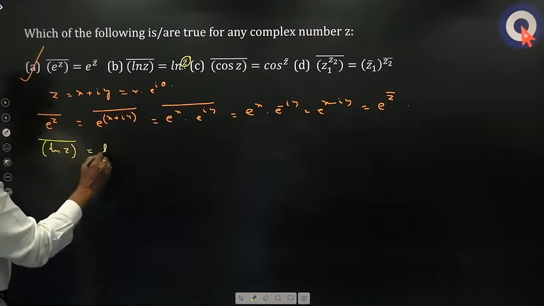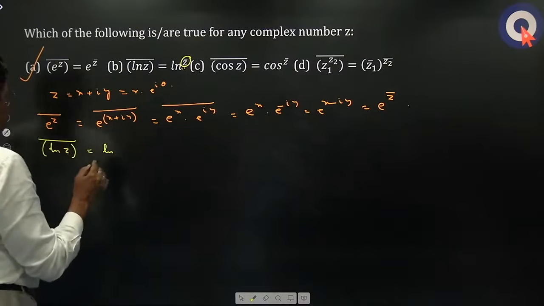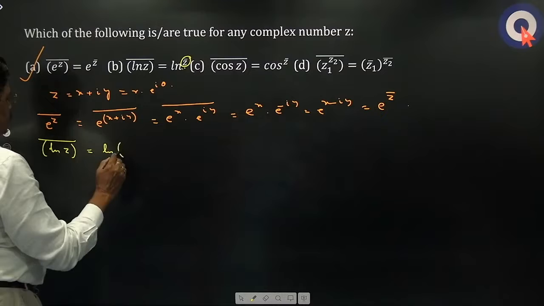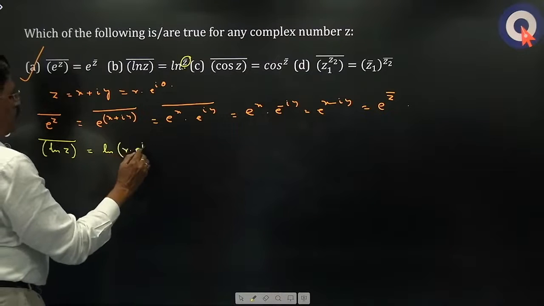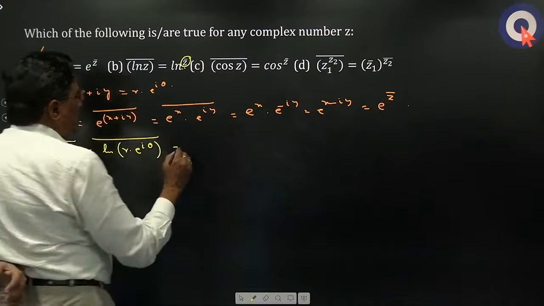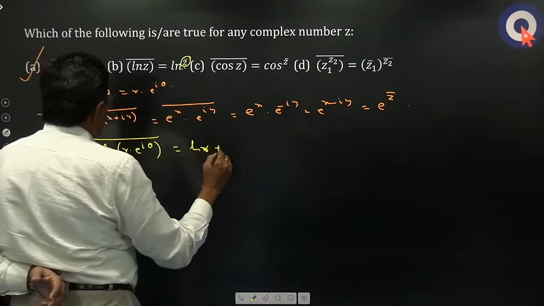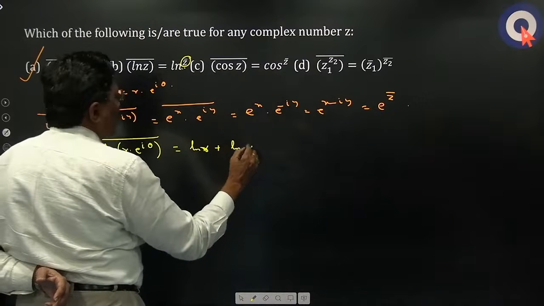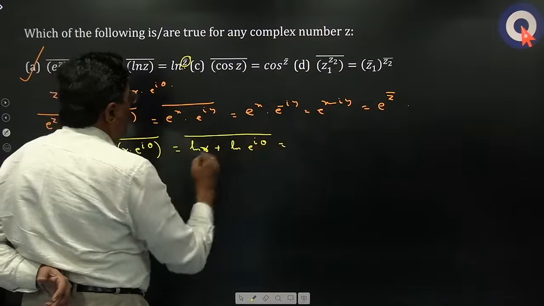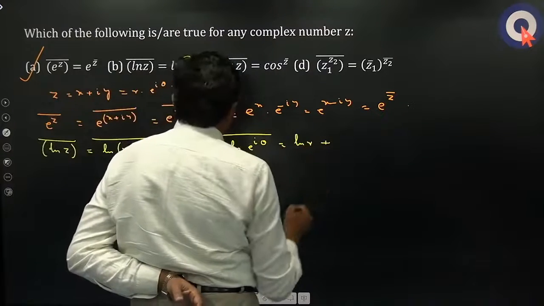This is the log of r into e to the power of i theta, its conjugate. So this is log r plus log e power i theta. ln r is real, so it gets out of the conjugate symbol.